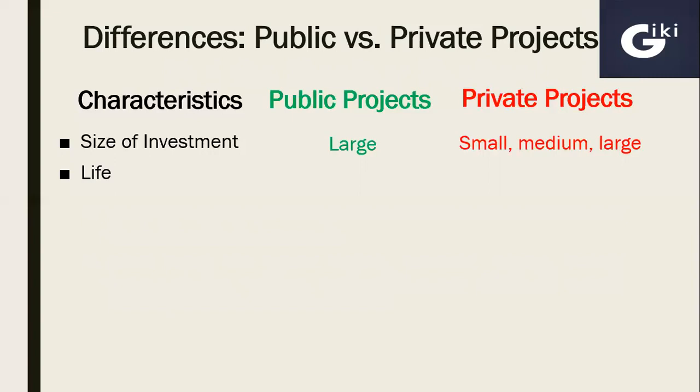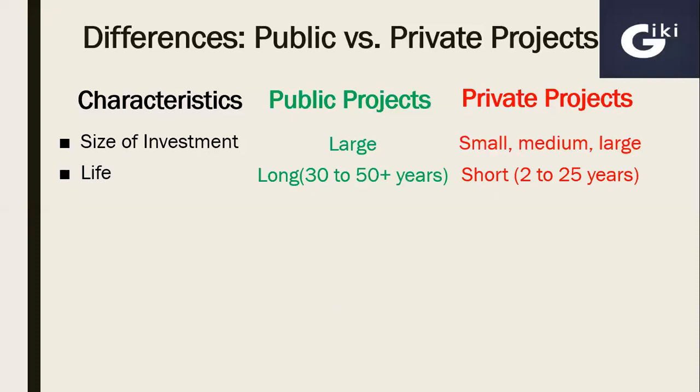Then life of the public sector projects is long as compared to the private sector projects. Normally the life of a public sector project is between 30 to 50 years, maybe more than this in certain cases, and private sector projects last between 2 to 25 years.